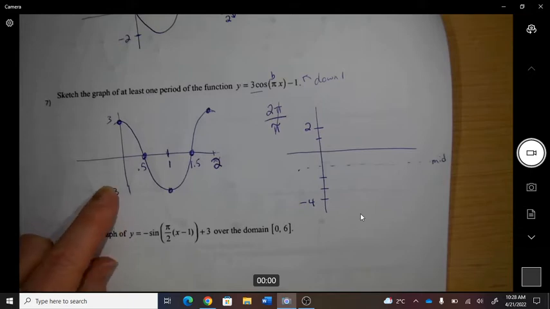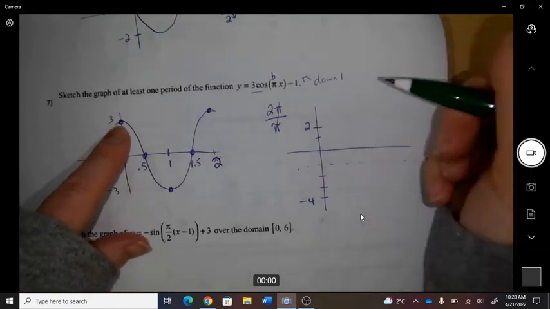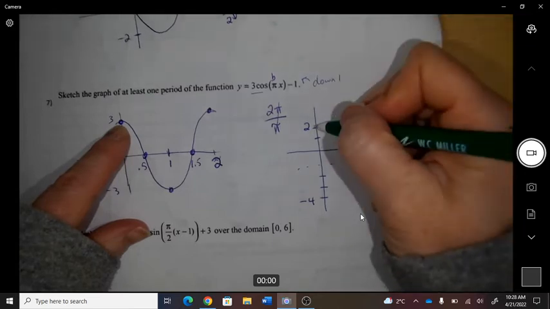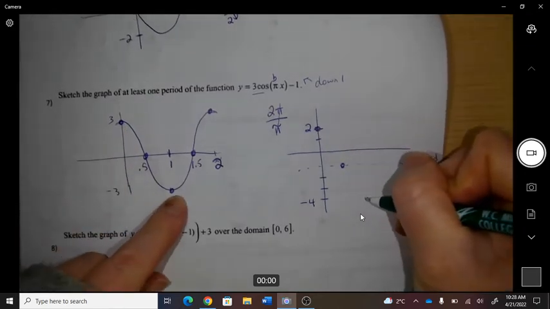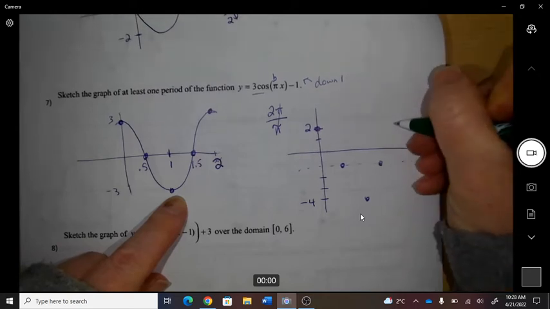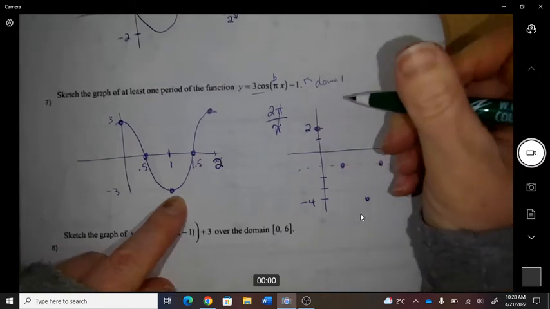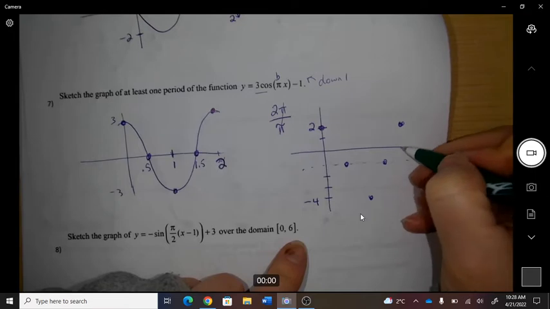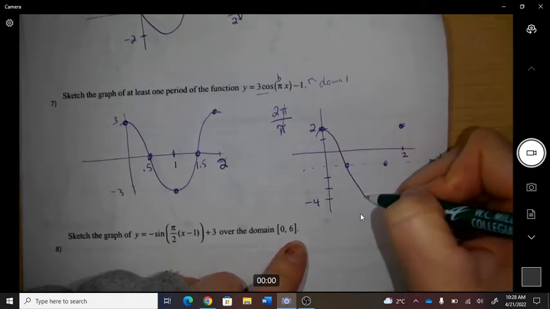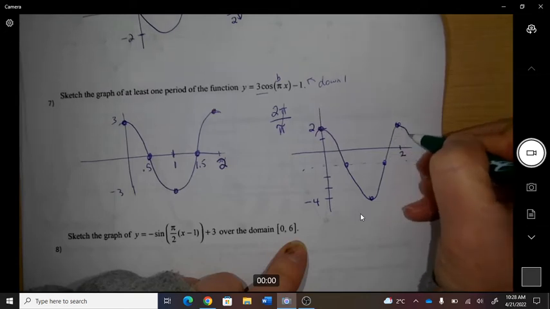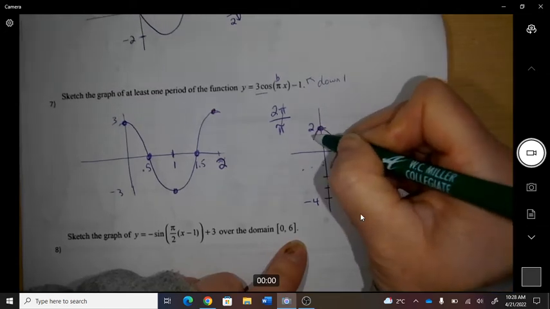And there's no right and lefts. So I'm just going to continue the same way. So top, middle, bottom, middle, top. And I'm going to give myself an x value of 2 on that. And I'm going to draw arrows because this is going to keep going. It doesn't tell me to restrict it.